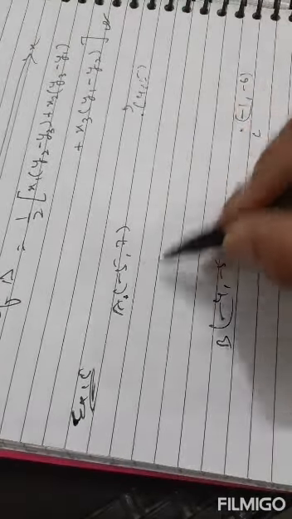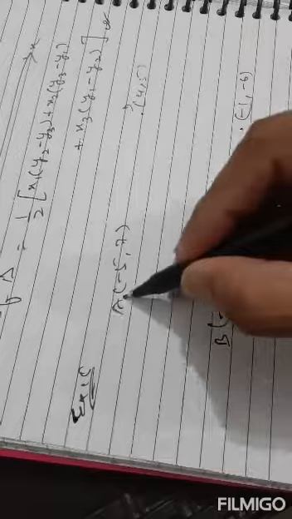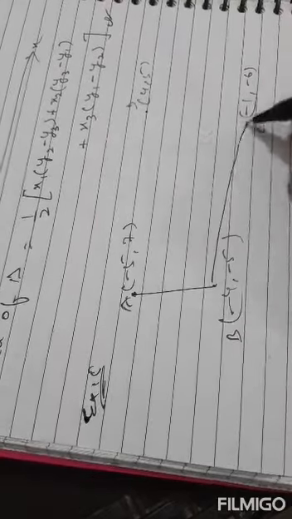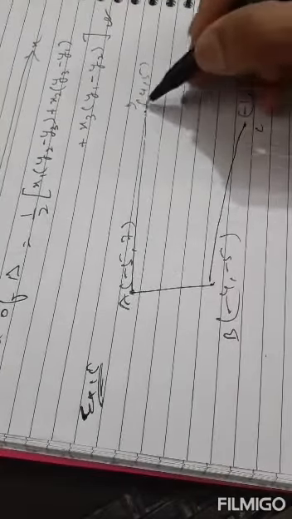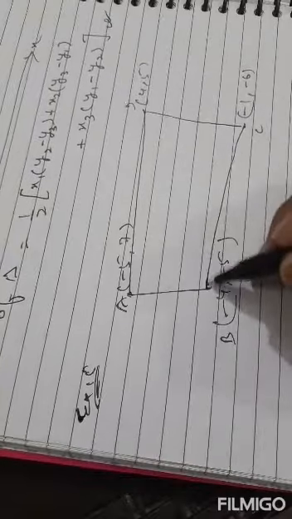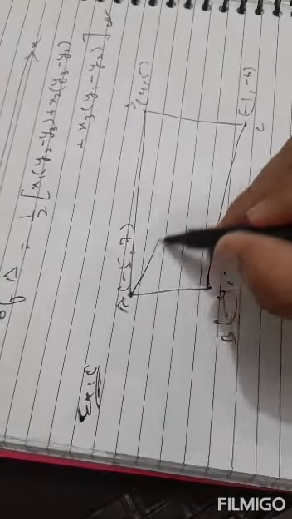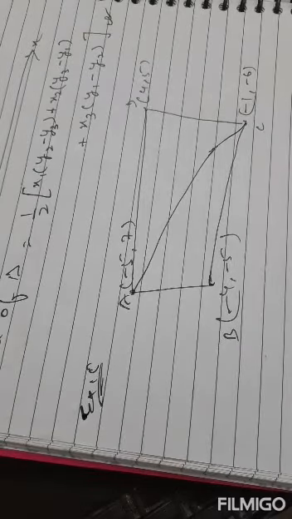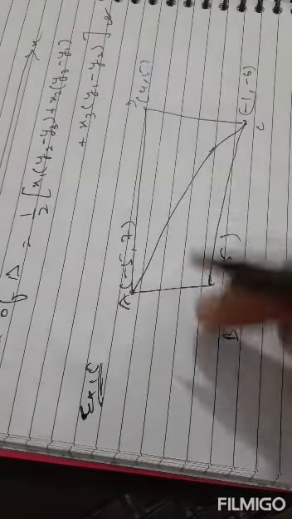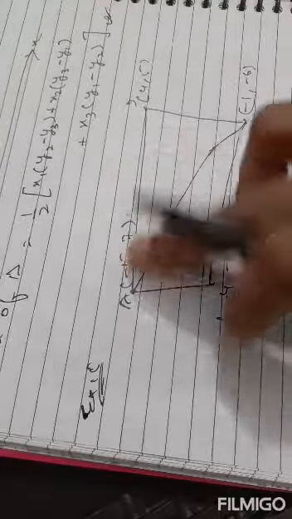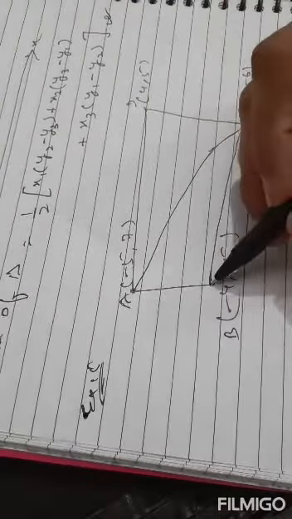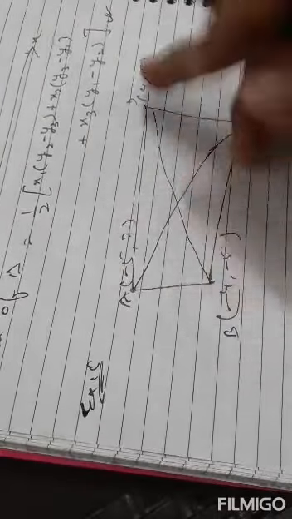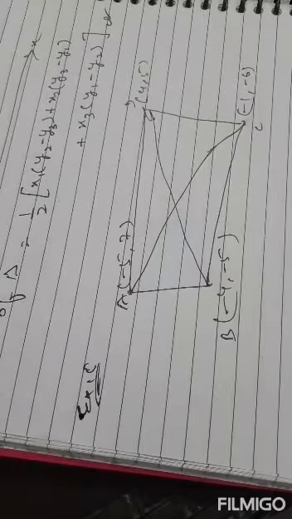So these are the different points, and this becomes a quadrilateral. So you have to just divide it into two triangles and find the areas. First you can take ABC and ACD, or you can divide it into ABD and BCD, and you have to add these areas. You will get the area of the quadrilateral.